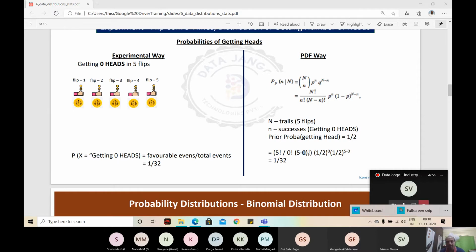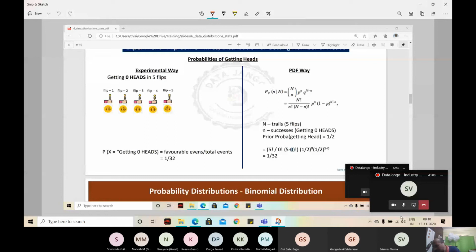I copy pasted this formula from somewhere else and it was like this. Let me show you the nCr formula. You all know it, but you would have forgotten, I'm just trying to remind. So this formula is nCr, p to the power of r, q to the power of n minus r.